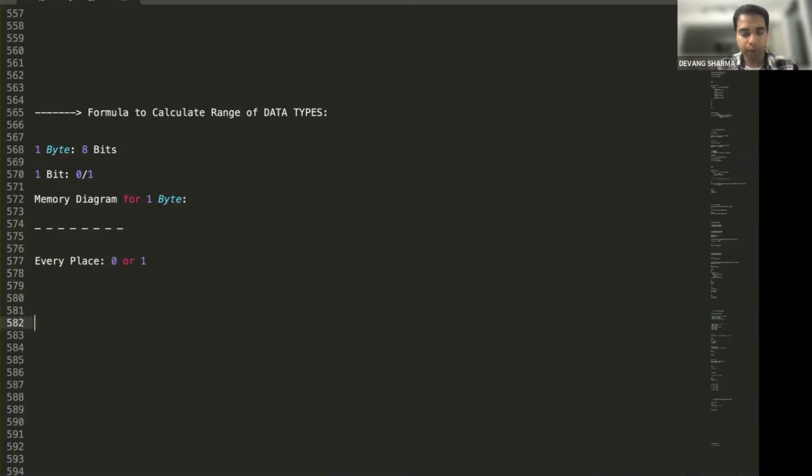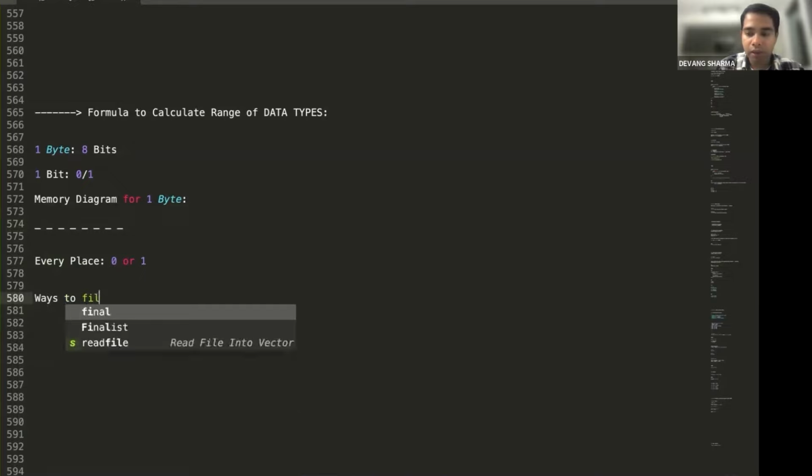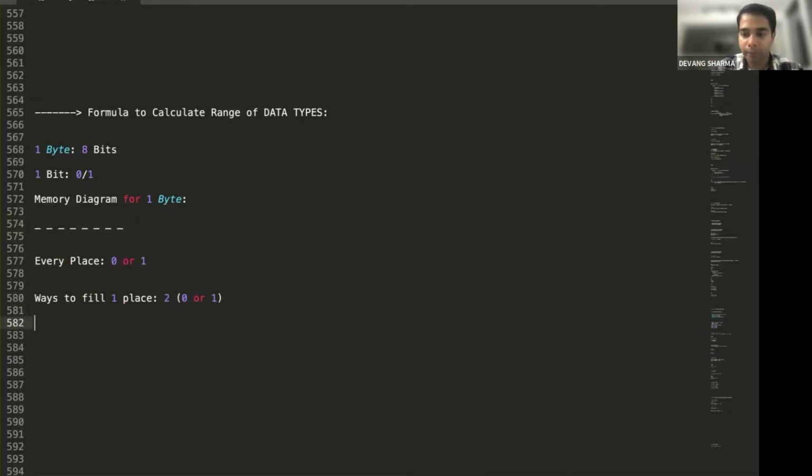Now let's talk about it. You are given 8 different chairs, let's say, or 8 different tables, whatever you want to visualize. Each of these chairs can be filled in 2 different ways. So the ways to fill any one place are 2. You can either fill by 0 or by 1.